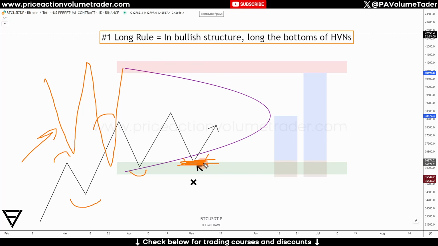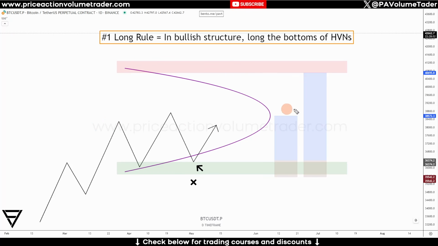This is going to give you the highest probability trades when you're looking to trade to the upside using volume profile. As you can see here, we have two scenarios of where you could take a trade. You would go in on this pullback, and your invalidation is going to go right below the low volume node area underneath the edge of the high volume node.